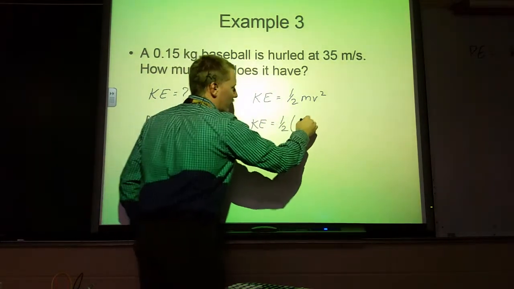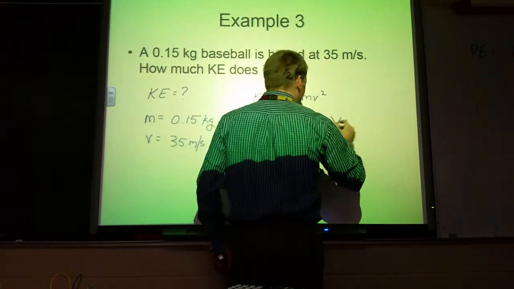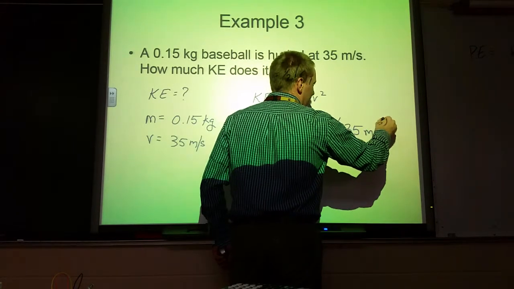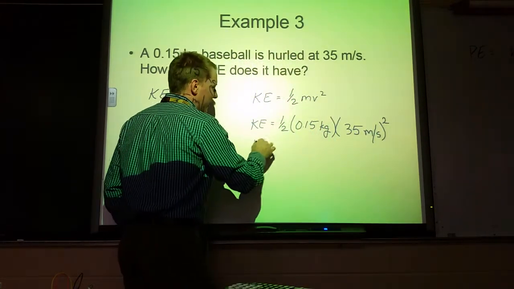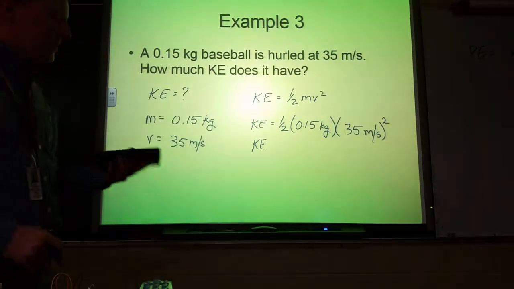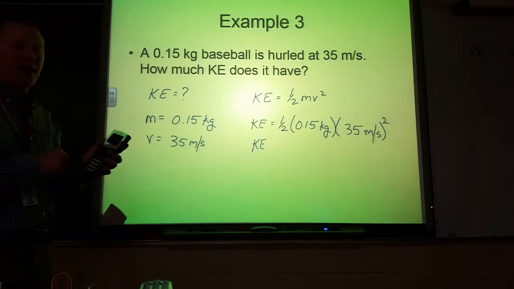1/2 times 0.15 kilograms times, and here's the only trick that you've got to remember for this. You're only squaring the 35 meters per second. So if you've got a graphing calculator, like one of the TIs, no problem, you just put the square sign after it.